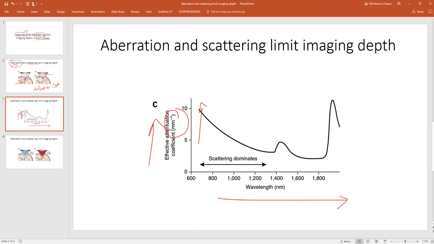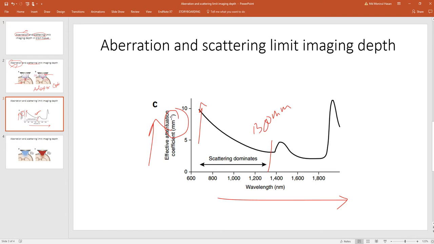But as the wavelength increases, the effective attenuation coefficient decreases, and we can see two windows here at around like 1300 nanometer. We can see that both the scattering reduce and overall the attenuation coefficient decreases. What does that mean? If the attenuation coefficient decreases, we will be able to image in larger depth.